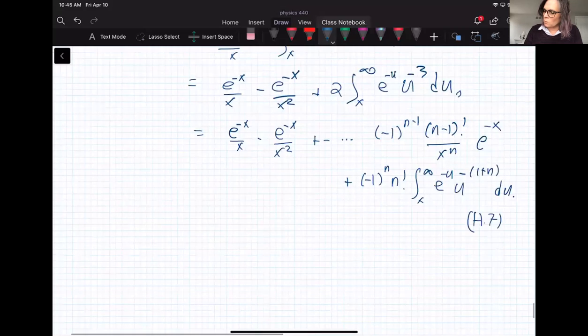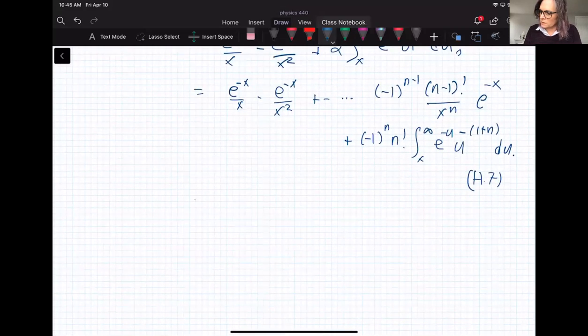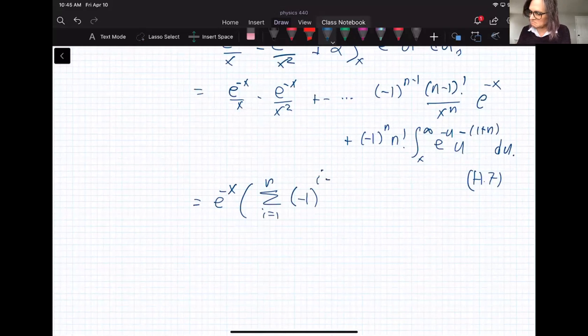Okay, so what we do with this then is separate out the series and the integral. So this is equal to e to the minus x times the sum from i equals 1 to n of minus 1 to the i minus 1, i minus 1 factorial over x to the i. I should not have used an i here, that might be a little confusing, that's not imaginary i.